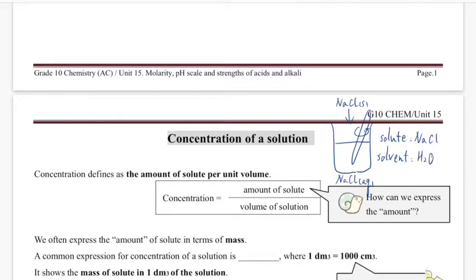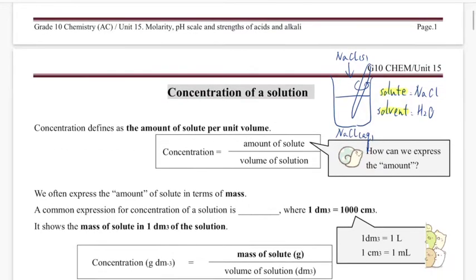These are the two key terms that you need to be clear about before we move on to the next part. Remember, in the last unit we touched on what concentration means. I told you concentration is a way to describe how many things we have put into the water. In this unit we have an accurate definition.